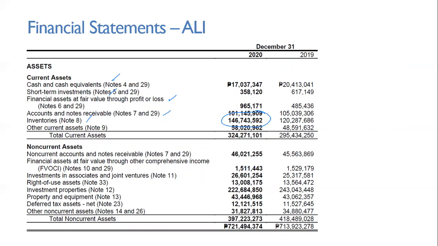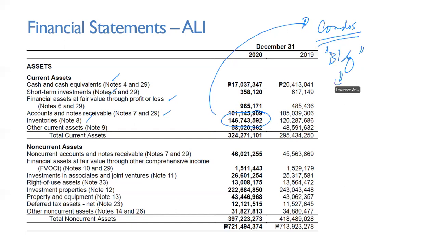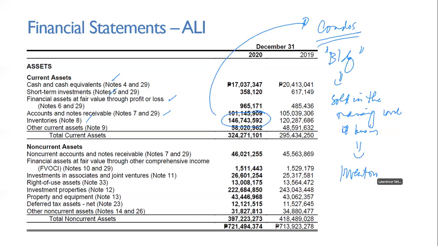Anong binibenta niya? Right? Yung mga condos, no? Even though it is a building by nature, no? But because it is sold in the ordinary course of business, then it is considered inventories rather than PPE.